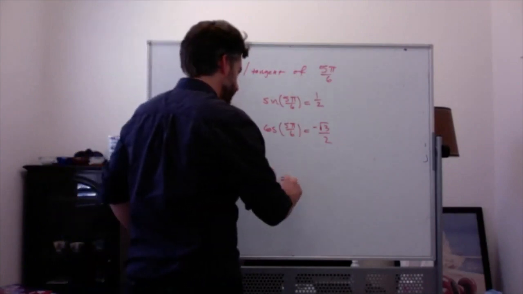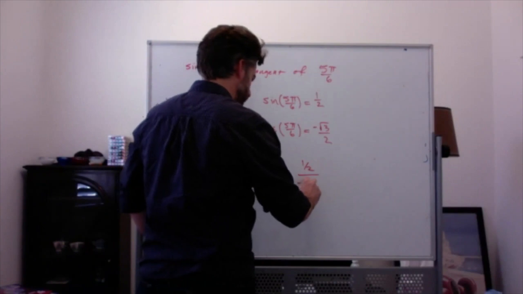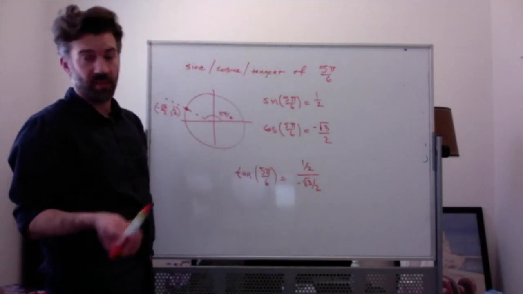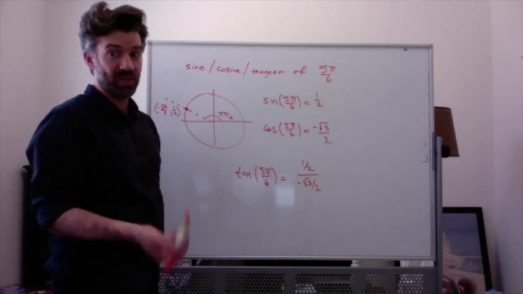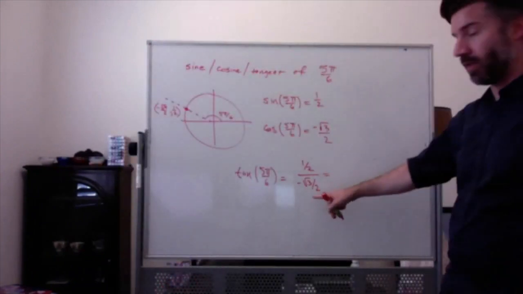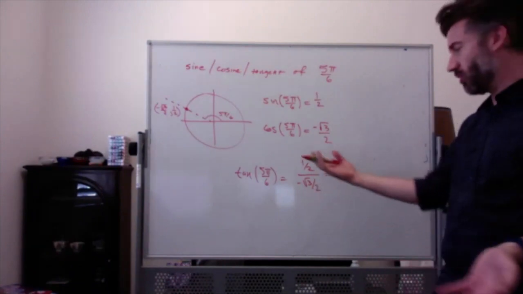So it's going to be 1/2 divided by negative √3/2. Now, when you have a fraction divided by a fraction, if the denominators are the same, they cancel out. You can just cancel them automatically, or you can show the work. Showing the work, I would flip. Some people say copy dot flip, some people say you multiply by the reciprocal.